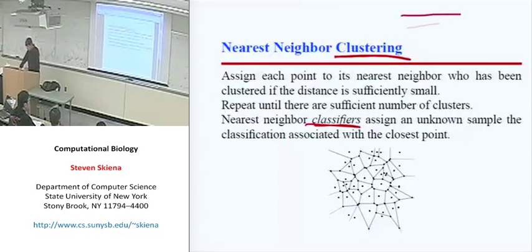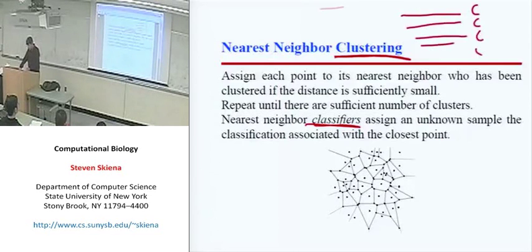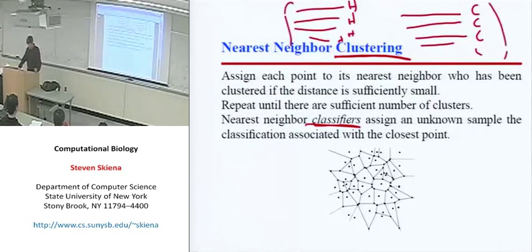We have a bunch of patients who had cancer, a bunch of patients who were healthy. For each one of these, we took a microarray sample, let's say something in 6,000 dimensions.